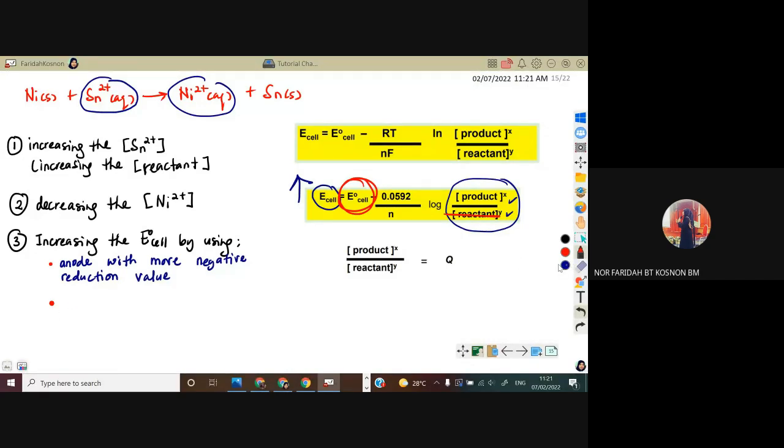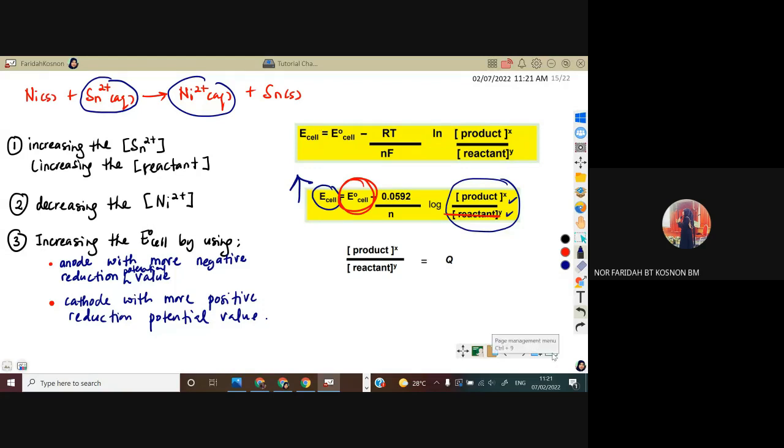So kita kena cari katot with more positive reduction. Ni apa? Tertinggal perkataan potential. Tulis potential. Reduction potential value.